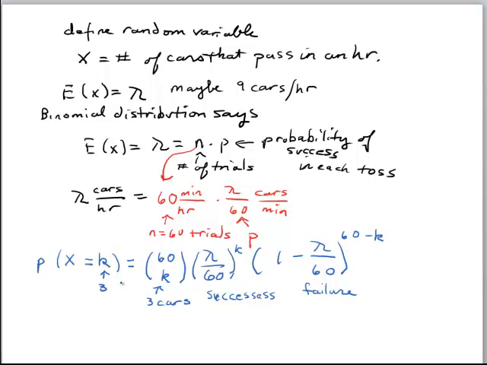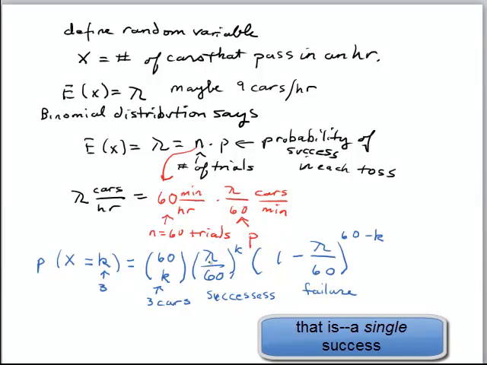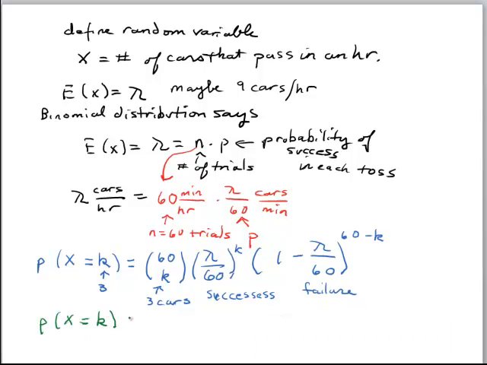But couldn't it happen that we could have more than one car passing in a minute? Right now, if we had something like 5 cars passing in 1 minute, it would count as a success. So we can solve that by getting a little bit more granular. Instead of 60 minutes, let's say how many seconds in an hour.